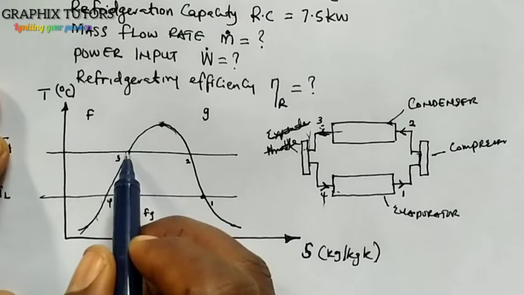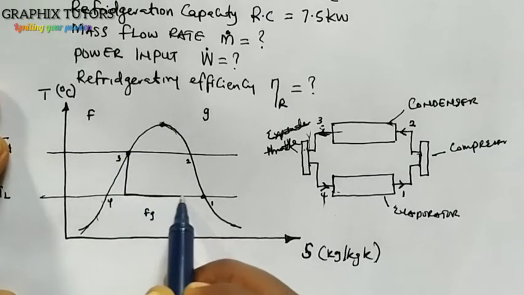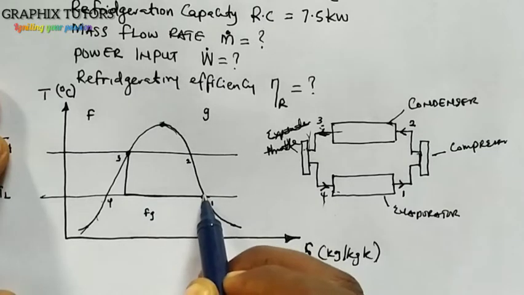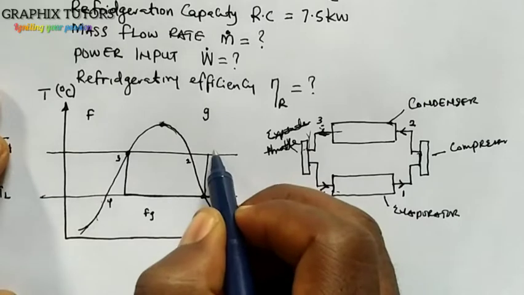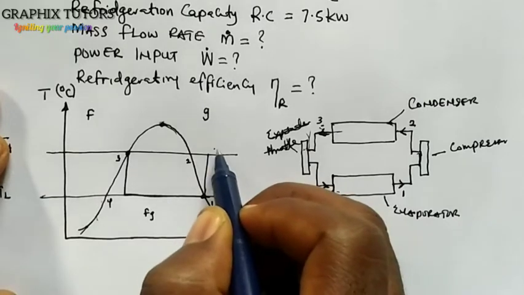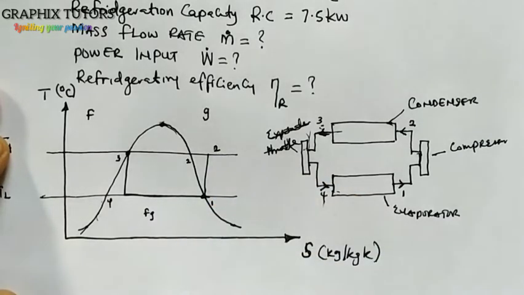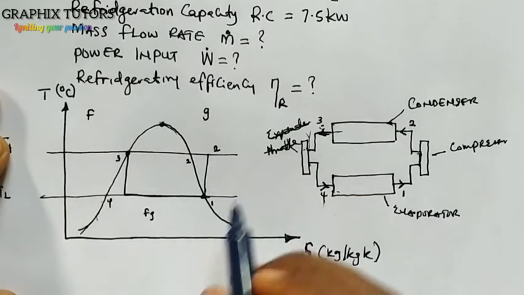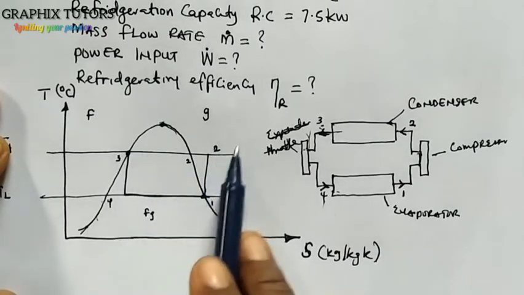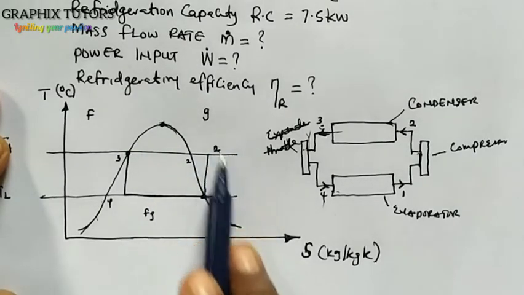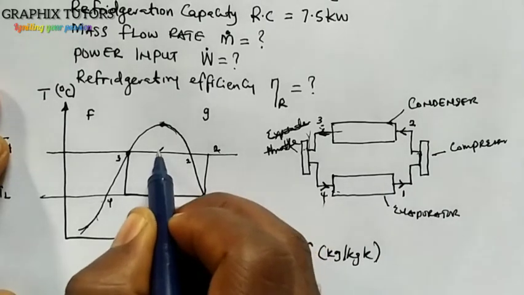So if I trace this down this way, and I trace it to this point, and I trace it straight up to meet this here, right? This will now be my state 2. So it is falling outside this dome here. So it means state 2 is what? Superheated. So I'm going to put my arrow this way to show the direction of my movement.